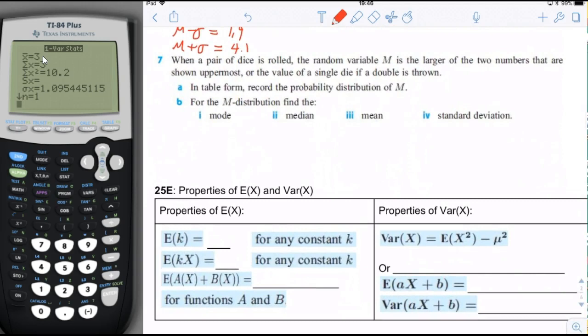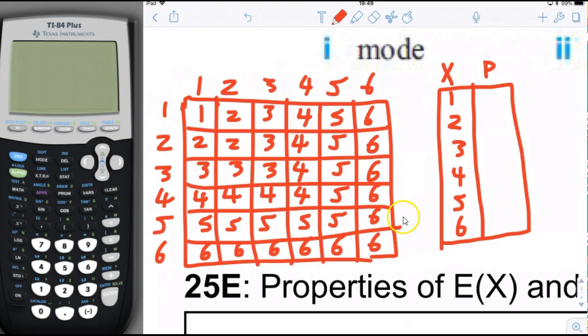When a pair of dice is rolled, the random variable m is the larger of the two numbers that are shown uppermost, or the value of a single die if a double is thrown. So in table form, record the probability distribution of m. So I made this grid to show what they mean by this.